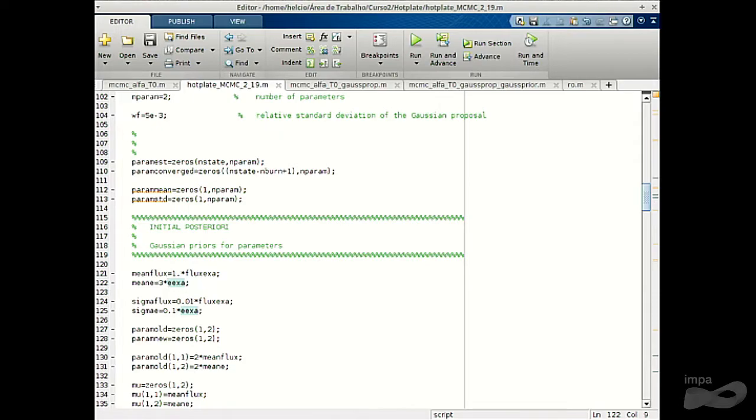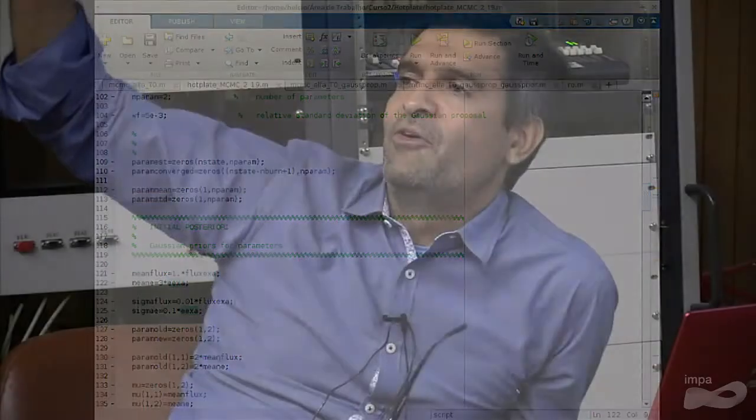I have this code, I have this supernatural Markov chain Monte Carlo method, and I give priors. I have prior information, I have the likelihood, and I know how to estimate both parameters, okay?